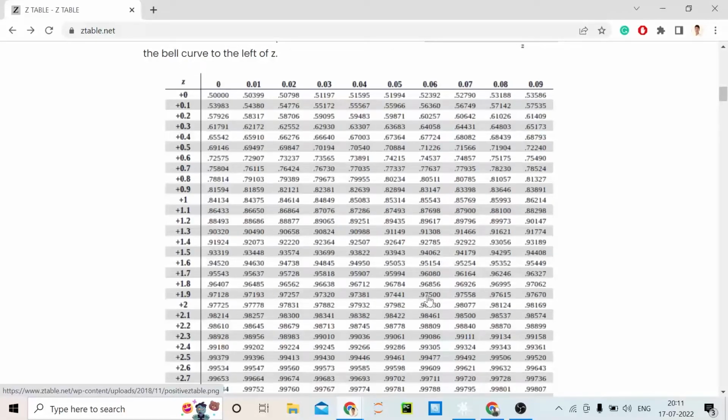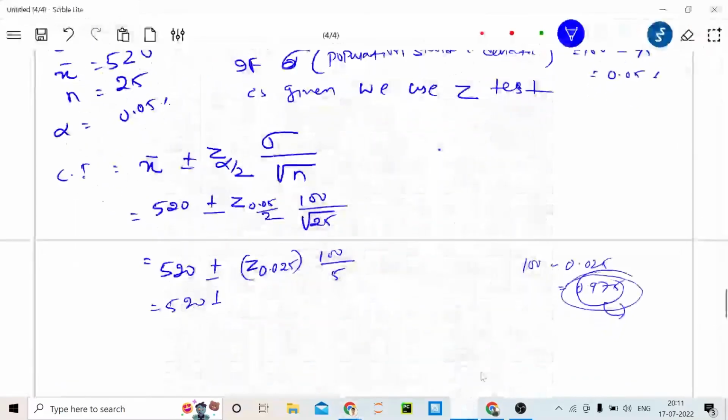Then how can you learn from the z table which value is coming? Let's say your value is 0.025. When you search in the z table, you always have to search for 100 minus 0.025, that is 0.975. So you search where your 0.975 is.